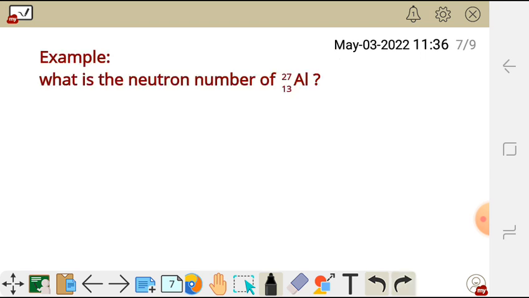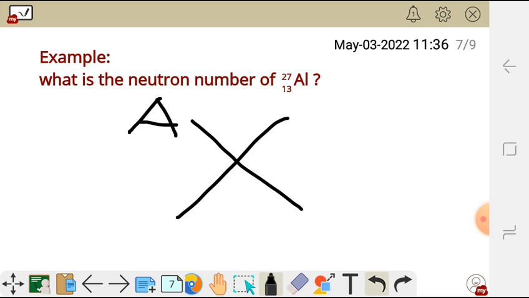For example, they are asking, what is the neutron number of the atom aluminium, given the numbers 27 and 13 there? What you should know is that for any element denoted by a chemical symbol X, the number on top there, which is A, is simply the mass number.